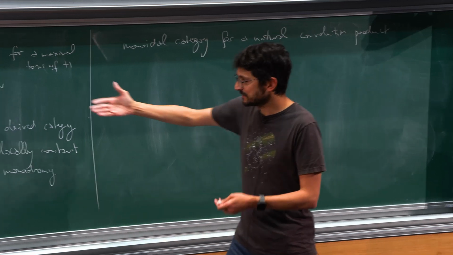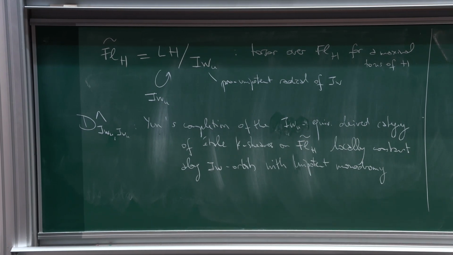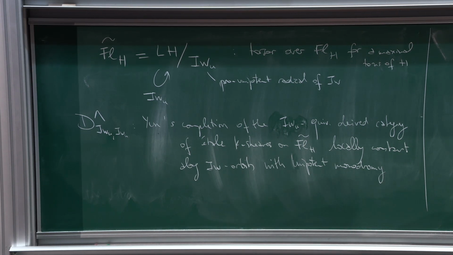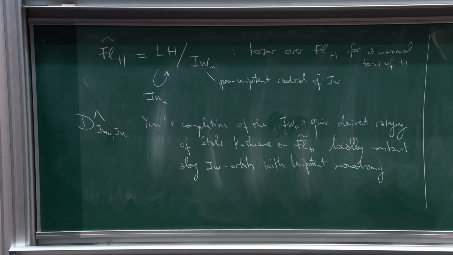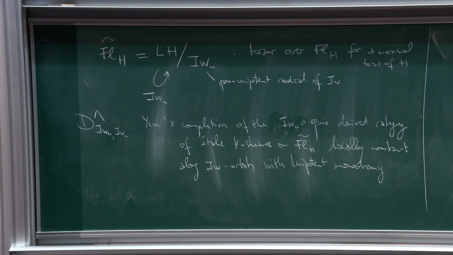And then there is some kind of completion procedure that tells me that I am allowed to take limits in some direction, in some sense. One reason why we need to do that is that the category that I described is monoidal but without a unit object, and it's usually nice to have unit objects, and this completion creates, in particular, a unit object for this product.